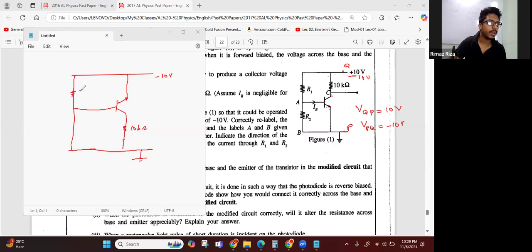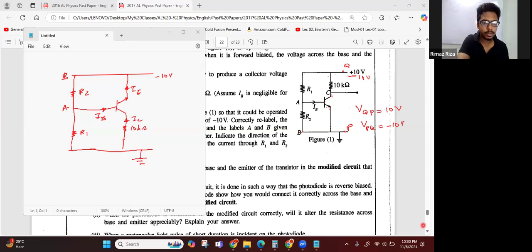And then this one should be R2, and this is R1, and point A remains the same. Point B comes here. Okay, and then the emitter current IE is in this direction, so the collector current IC should be this way, and IB. So this is the circuit I think they're expecting.